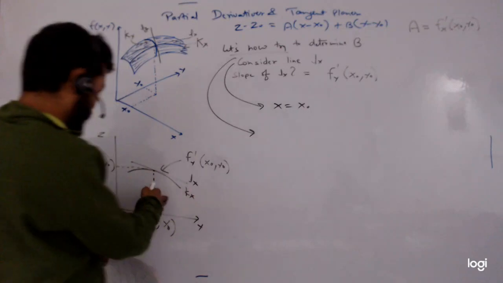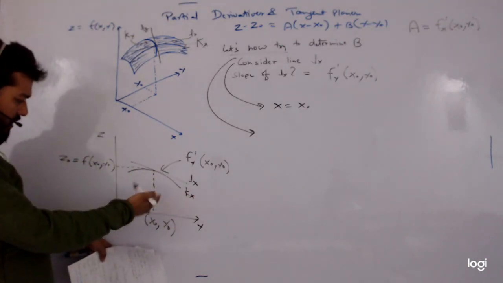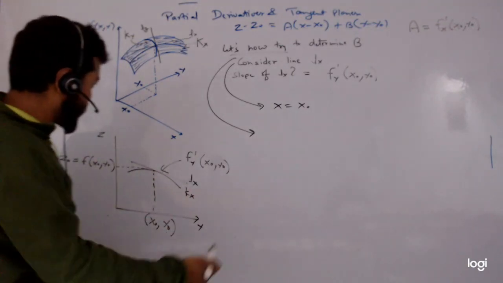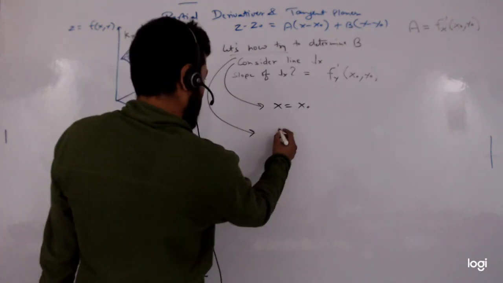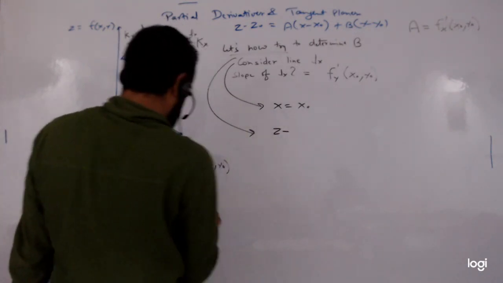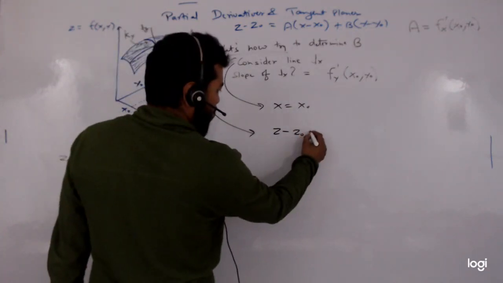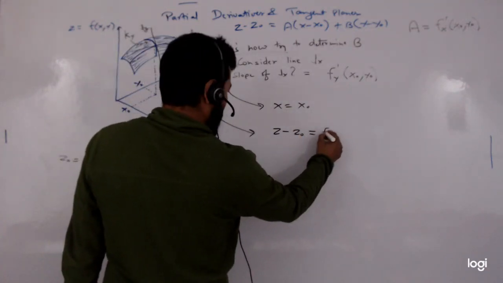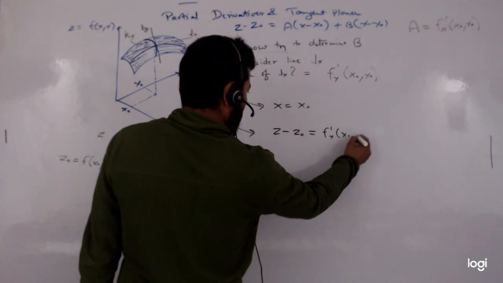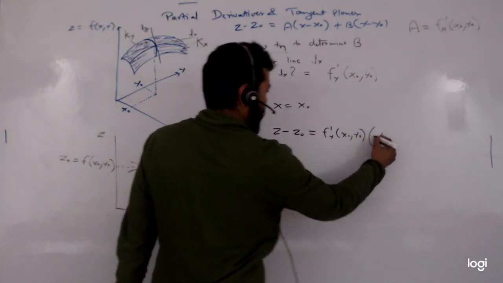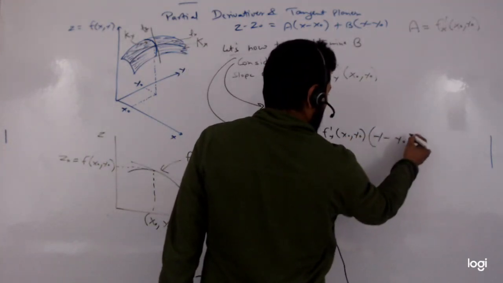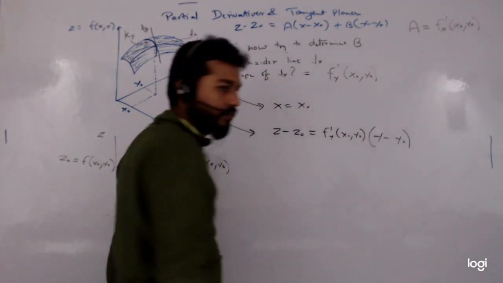And then looking at this in 2D, what we see is that the equation of the line L of x is z minus z naught equal to f prime of y at x naught y naught times y minus y naught.